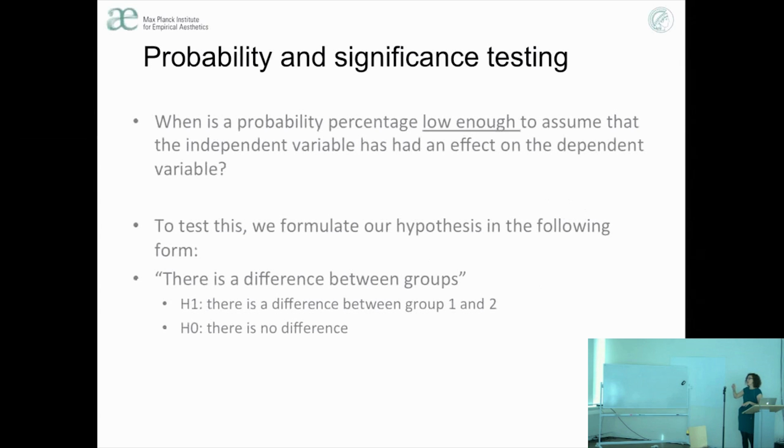Just to be clear, if you're working with a within subjects design, you can still formulate hypotheses like this, but then the difference would not be between two different groups of people, but between different instances in which you measure the participants. So like time 1 and time 2.